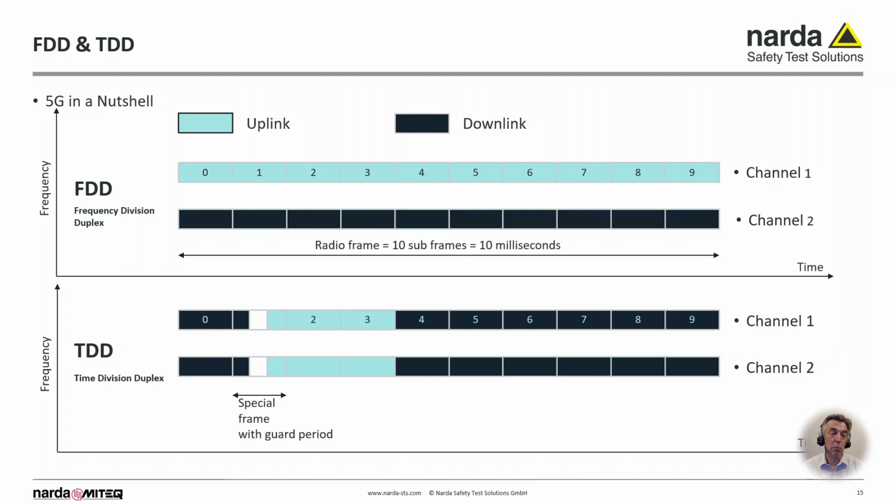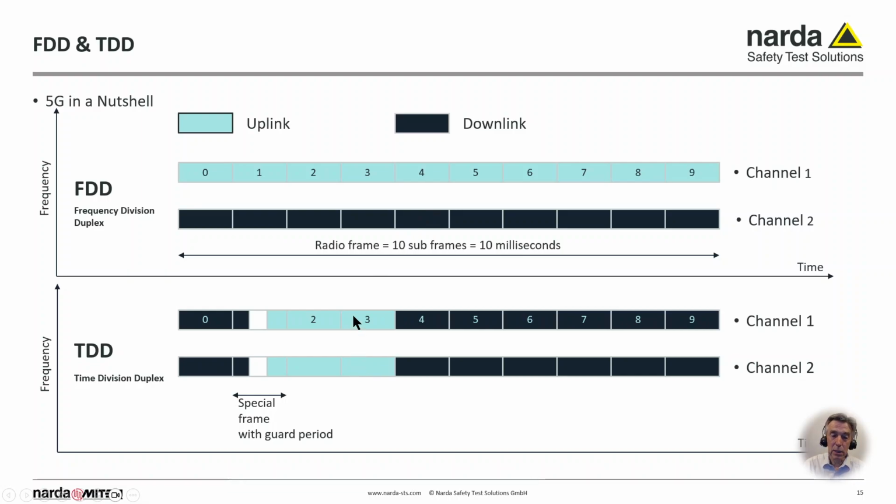For us, for measuring the radiation, this puts us a little bit in trouble because in the FDD technology, we had a clear channel for the uplink and we had a clear channel and clear frequency for the downlink. So here we could use a traditional spectrum analyzer to distinguish between uplink and downlink.